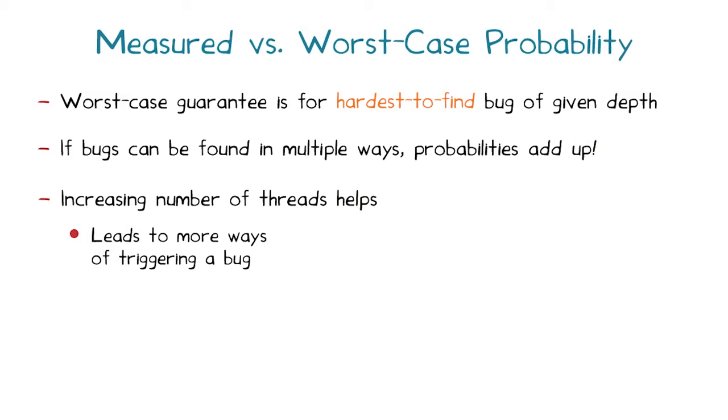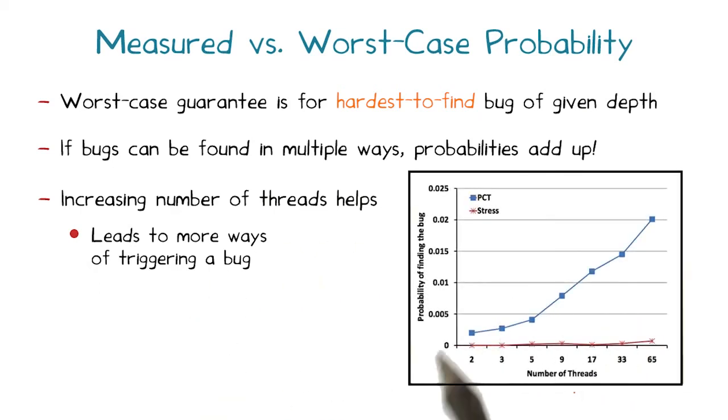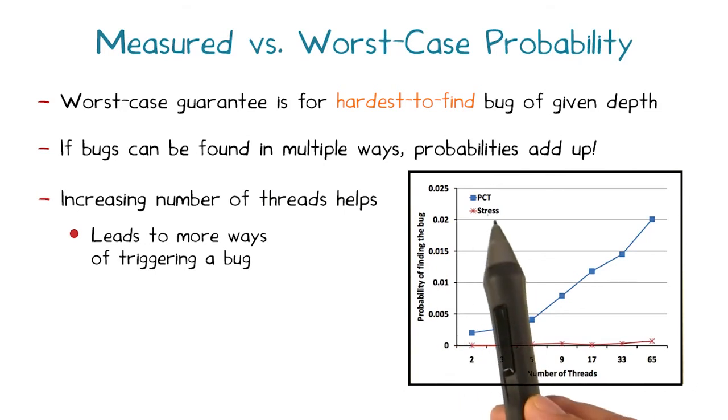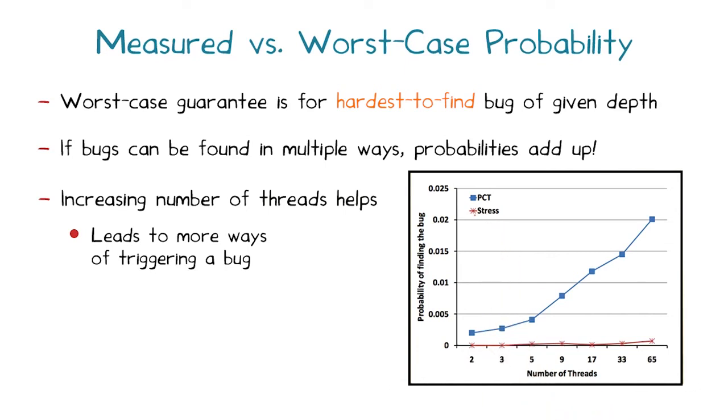Let's look at some real measurements that depict this phenomenon. Here is a plot showing the probability of finding a concurrency bug in a work-stealing queue program using Cuzz's algorithm called PCT versus stress testing as the number of threads in the program is increased. The interesting thing to note is that the probability of detecting the bug with stress testing is low and non-deterministic.